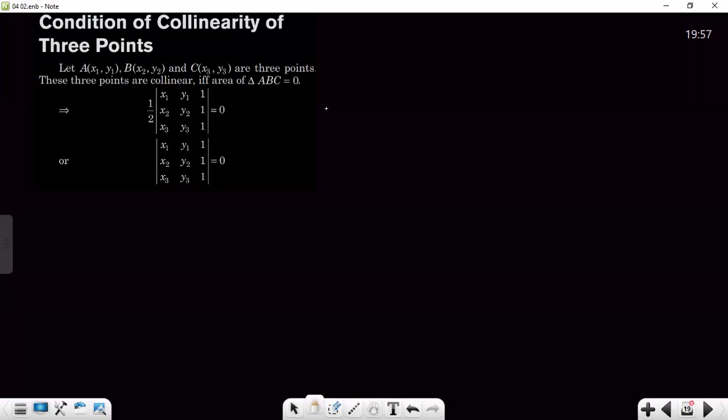That is why we use the same formula for the area of a triangle and equate it to zero. So for collinear points, the area of the triangle formed by them, which is not existing, will be zero. Half, if we bring 2 to the right hand side, it will vanish, and the condition for collinearity of three points becomes this.